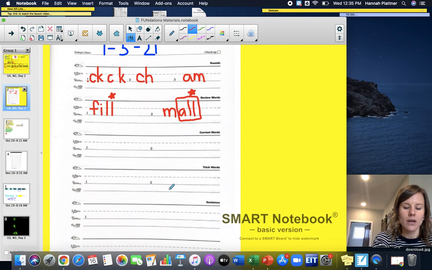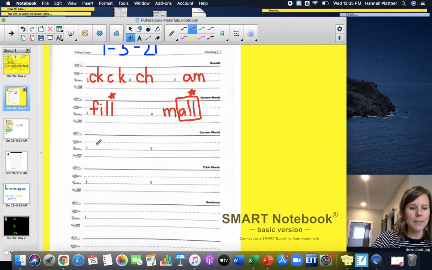Great job. All right, on the next line, we're going to do some current words, words that we are working on right now, words with base words and suffixes. So listen carefully. The first word is rocks. Rocks. Let's sound it out. Rocks.